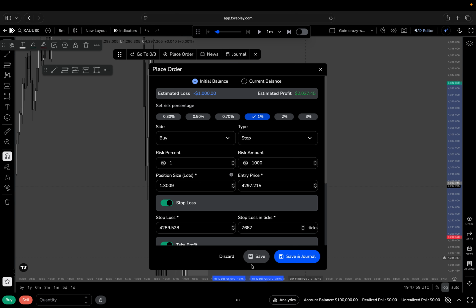Okay. Unable to take these highs, unfortunately. But overall, a decent trade, I would say.